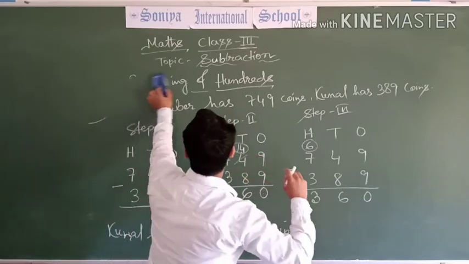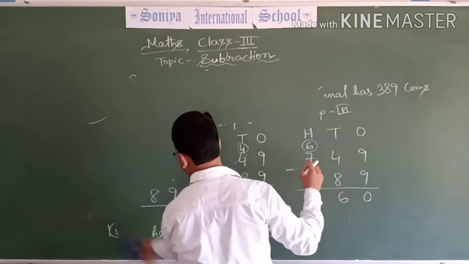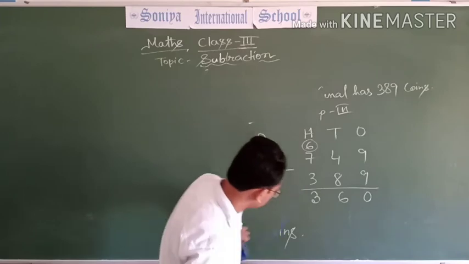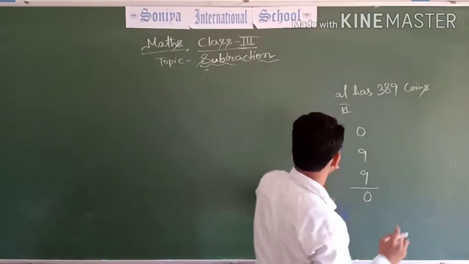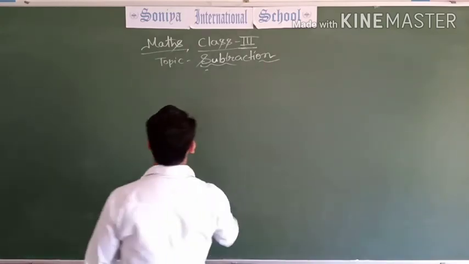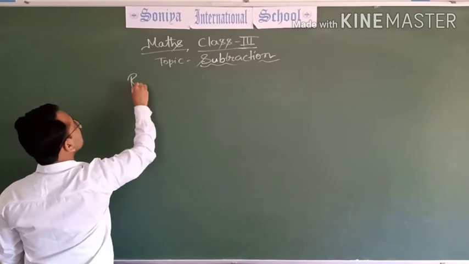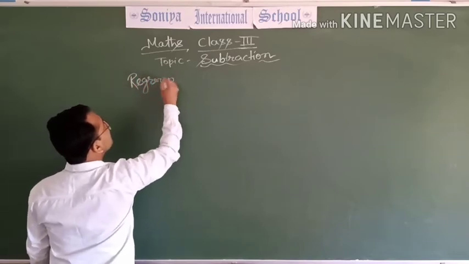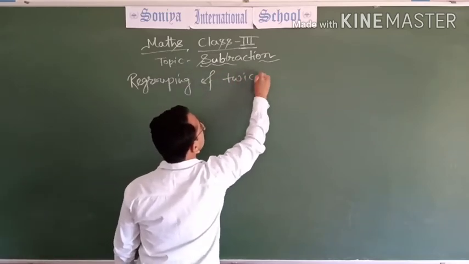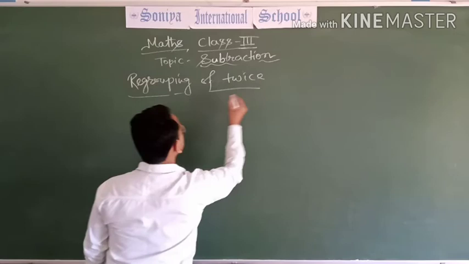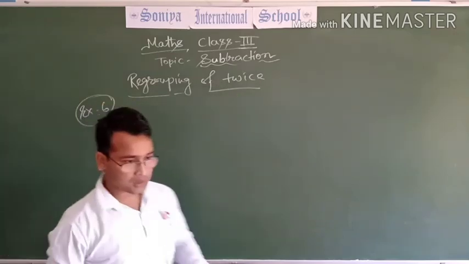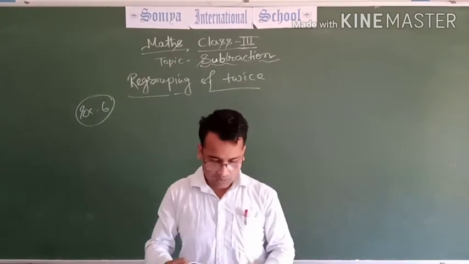So regrouping of twice means at a time the tens and hundreds places carry, or those places. Okay, take example number 6 in your books.